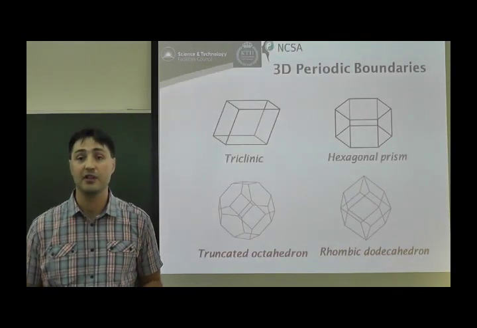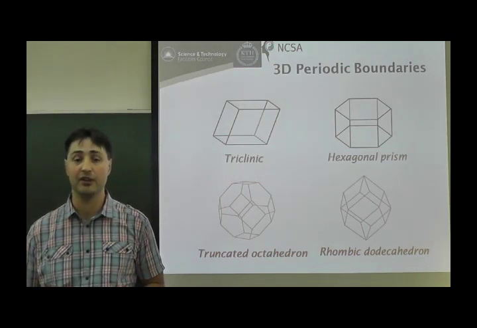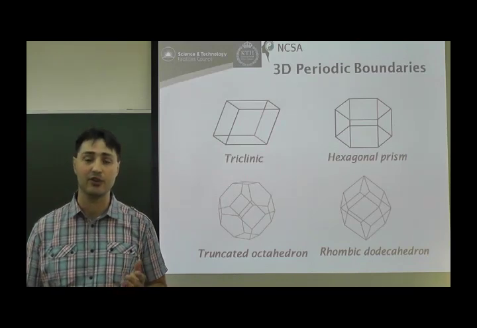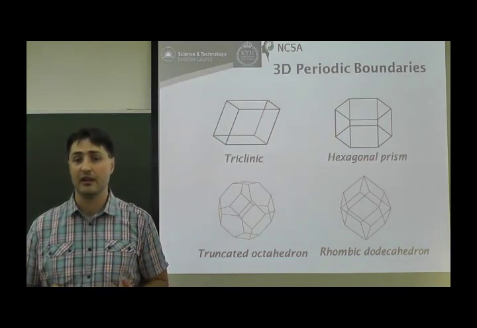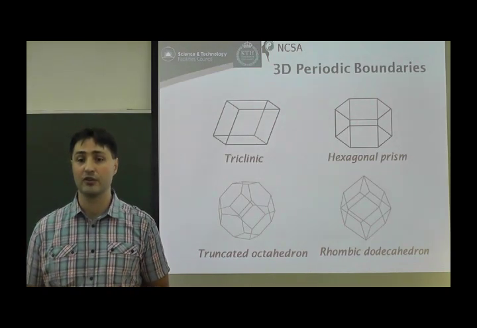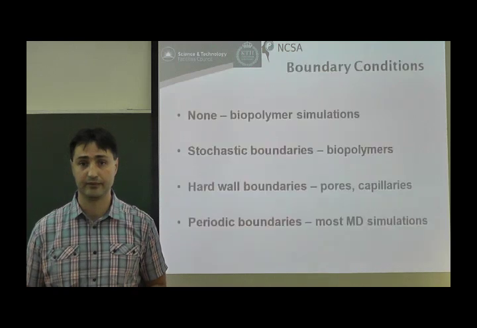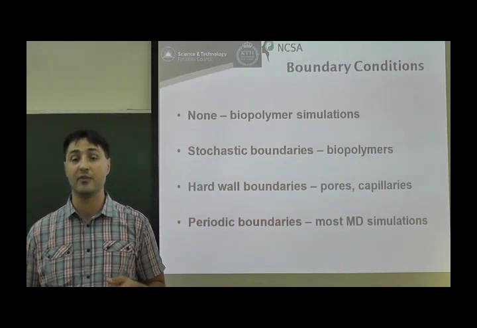We have a number of 3D periodic boundaries that satisfy the periodic boundary conditions. The general one is the triclinic one, which includes the cube and the parallelepipeds, hexagonal prisms, truncated octahedrons, and rhombic dodecahedron. Various boundary conditions can be imposed.